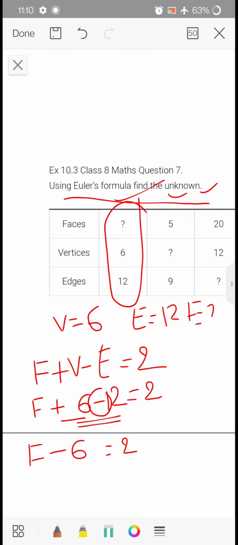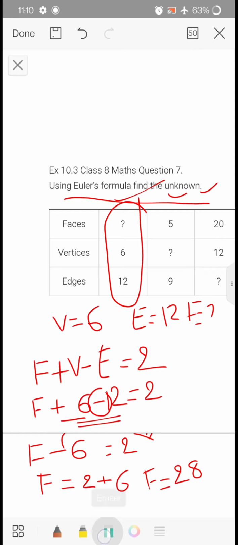Now as we want to find the value of f, you transpose this minus 6. So f is equal to 2 plus 6, hence f is equal to 8. So this is how you can find the unknown quantity by using Euler's formula.